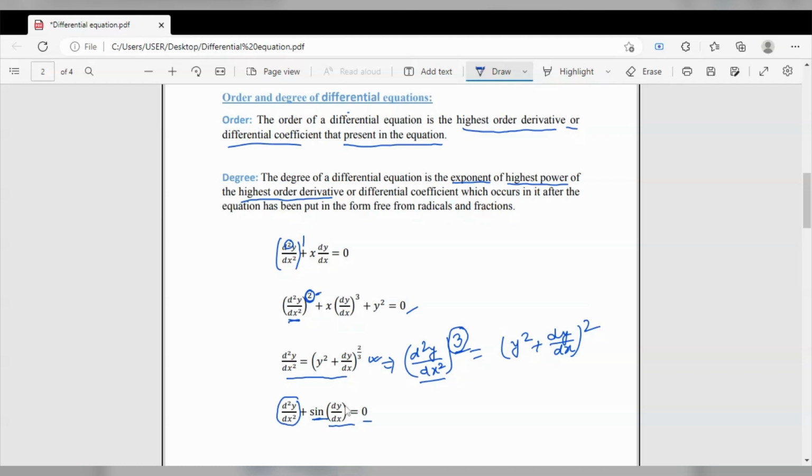Similarly, if log, sine or exponential function contains any derivative, then that differential equation has an order, but it has no degree.